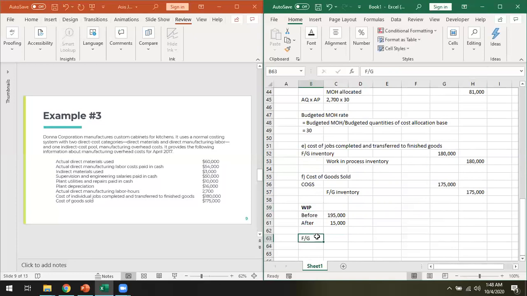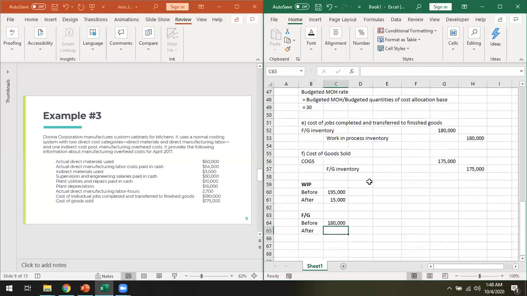Before we have $180,000. And after we convert the 175,000 of them into cost of goods sold, oh, sorry, the remaining will be this number minus this number.